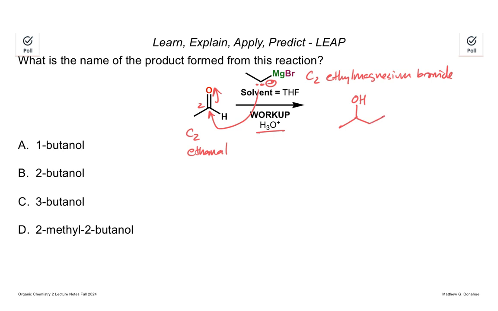And so when we number this properly, we get 1, 2, 3, 4. So that would be 2-butanol. So we made the C2 to C3 bond using those conditions.